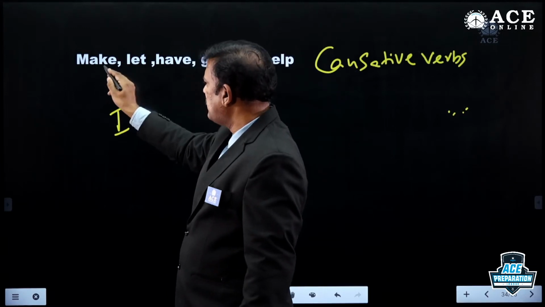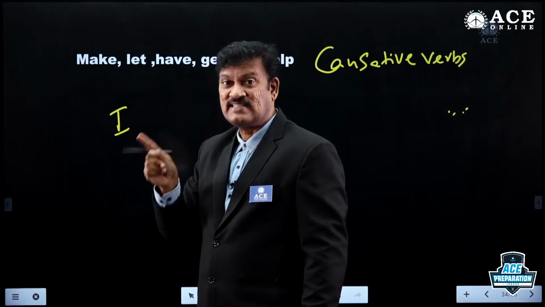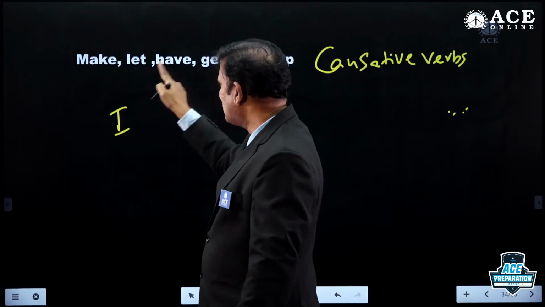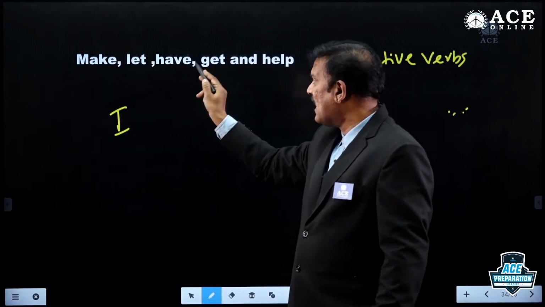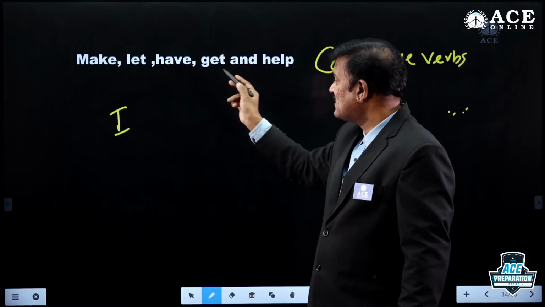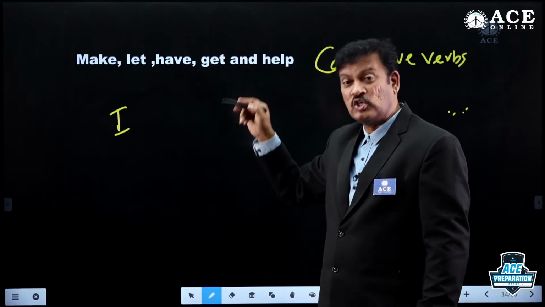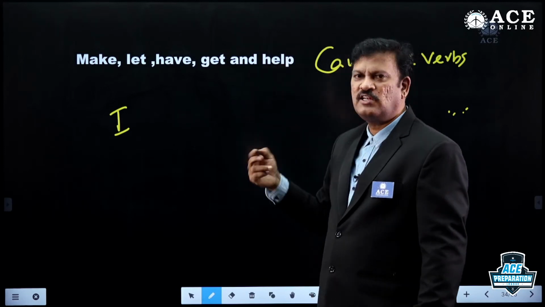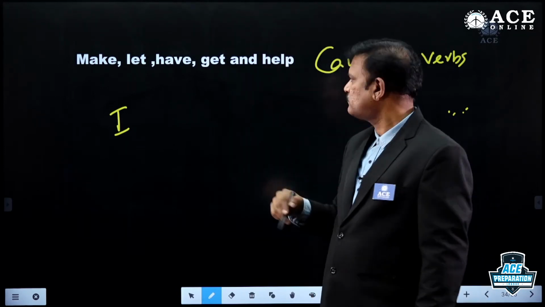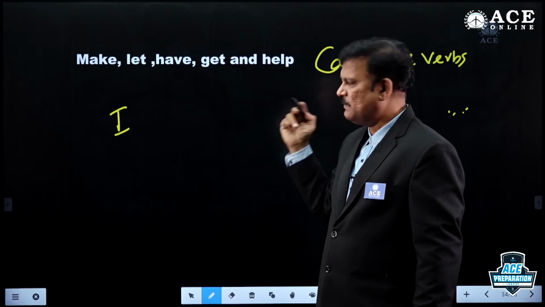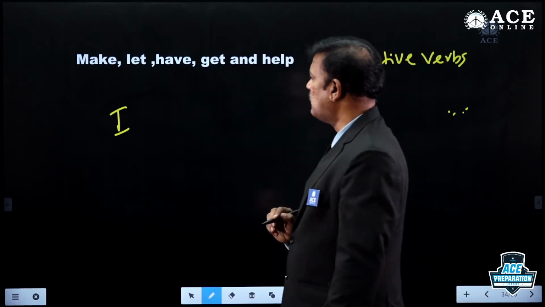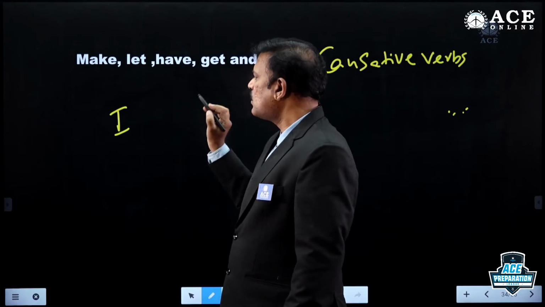Past forms: make, made, made; let, let, let, just like put, cut; have, had; get, got, gotten, or in modern English you also use got; help, helped, helped. Okay, what is the speciality of these 5 verbs? These are called causative verbs.